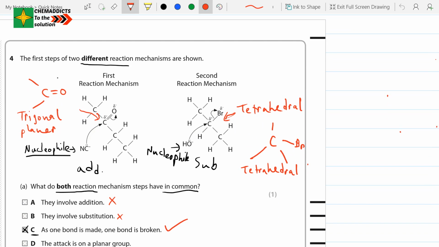As we can see, they both have different structures, since they are different compounds. This one is one compound and this one is another compound, so normally they will have different mechanisms. Now let us have a look at the mechanisms of these two things.